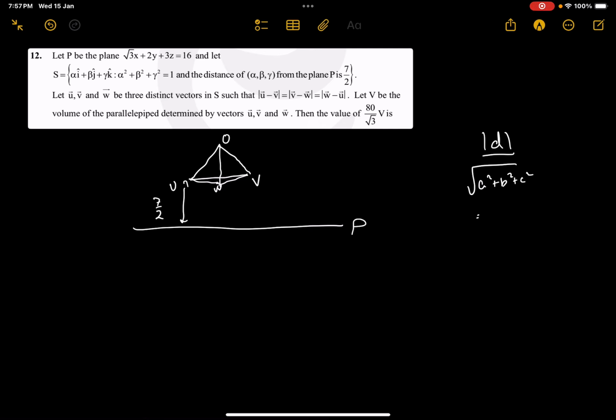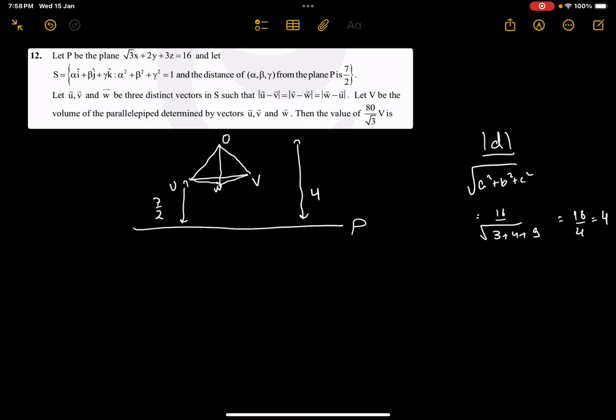So this becomes 16 upon under root 3 square, which is 3, plus 2 square is 4, plus 3 square is 9, which is 16 by root 16, which is 4. So the distance of origin from plane P is 4.